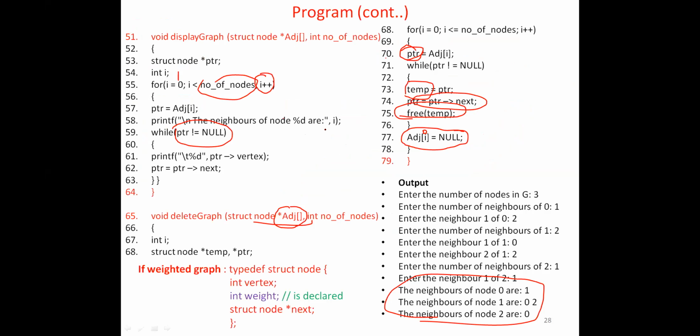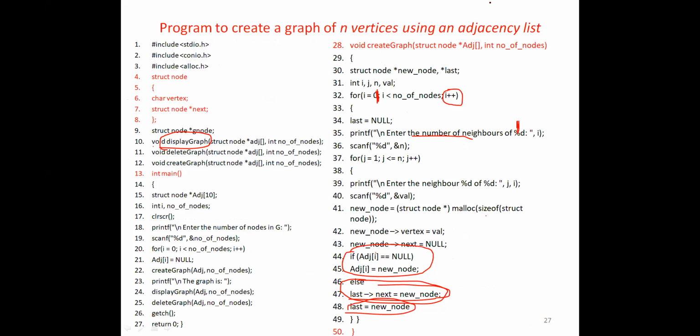In that, we have to find out where the vertex D is going to be added, to vertex 0, 1 or 2. Based upon that we can add it.